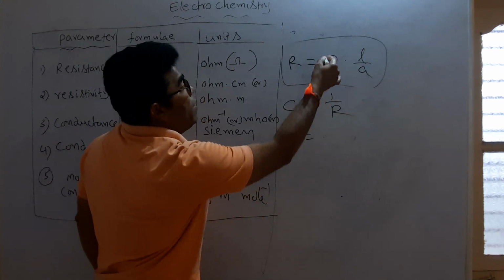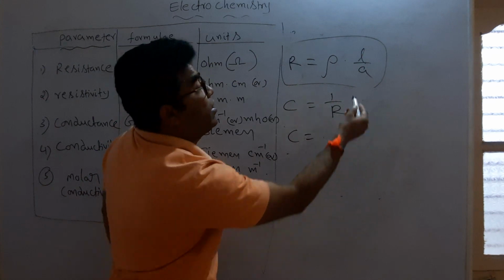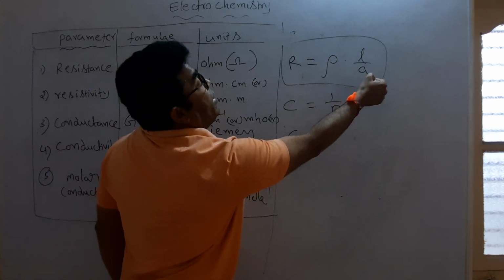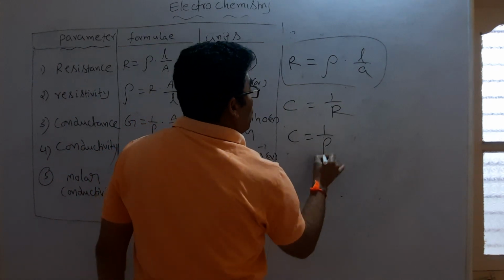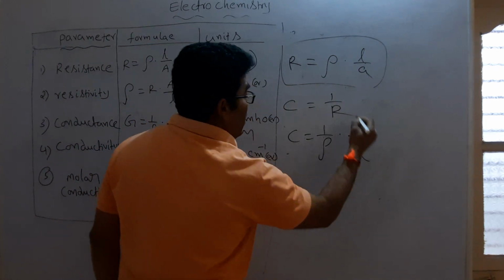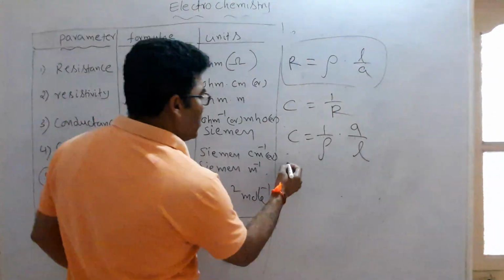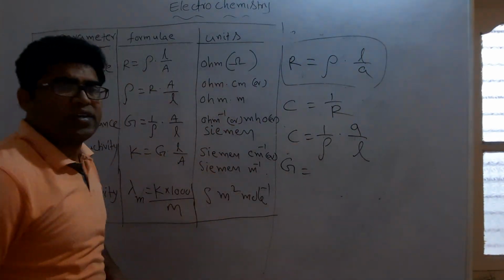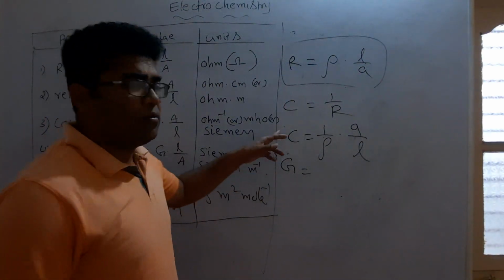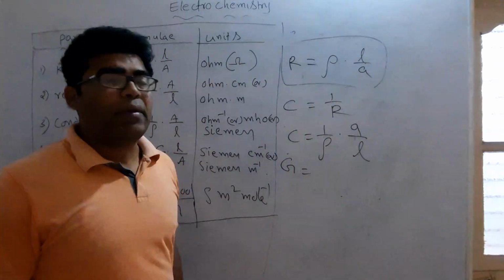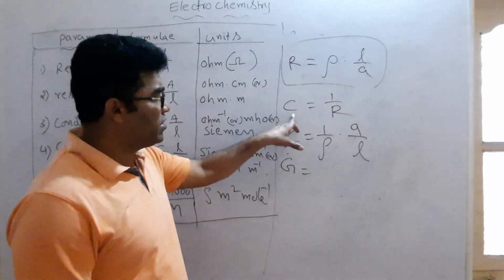The numerator comes into the denominator, and the denominator comes into the numerator. So 1 by rho into A by L. Conductance you can represent as C or G. Generally in physics you represent C, but here we will take G. Both are the same.